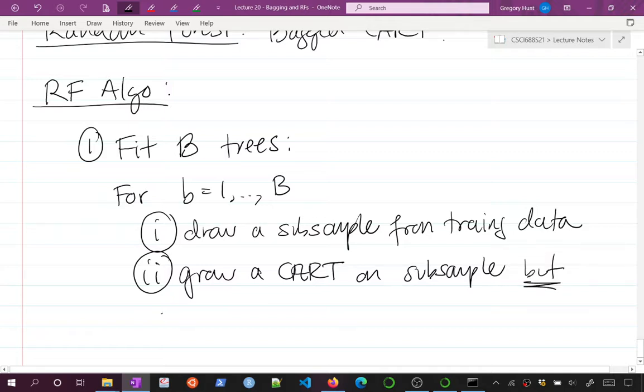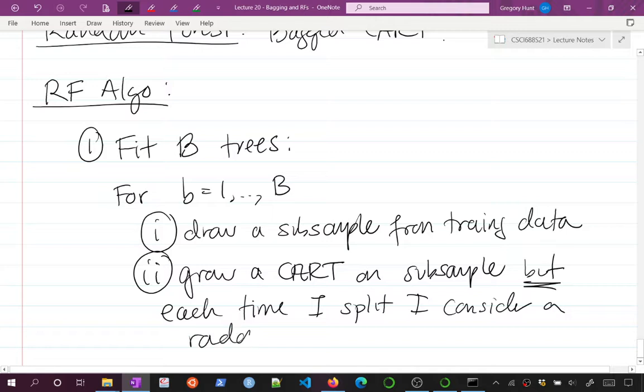But each time I split, I consider a random subset of covariates to split on.